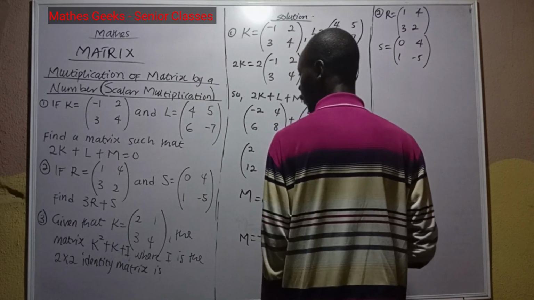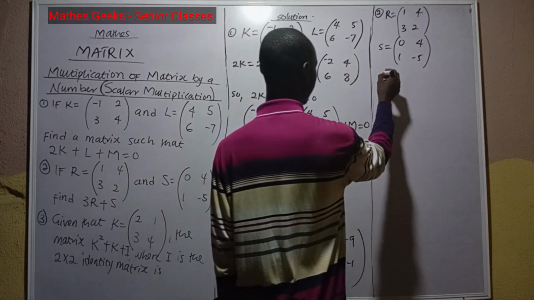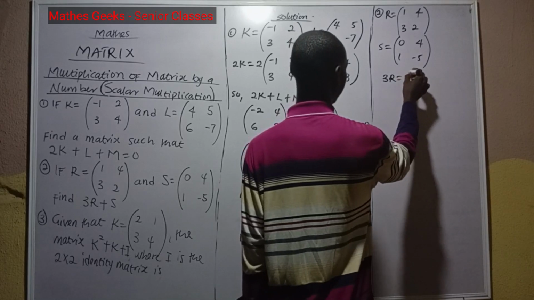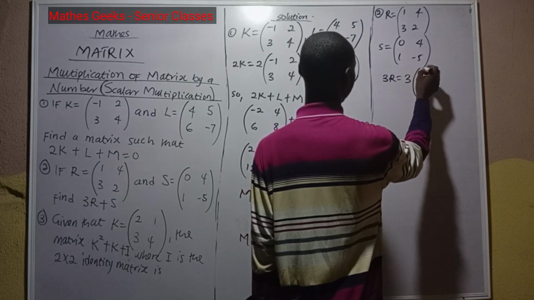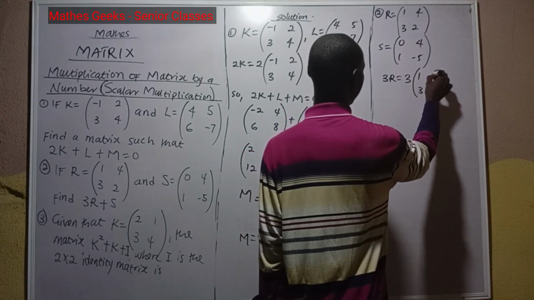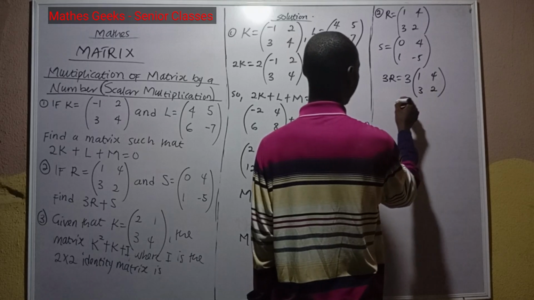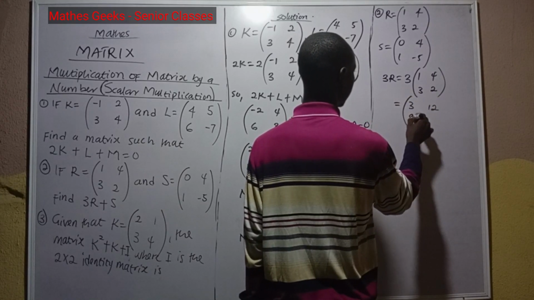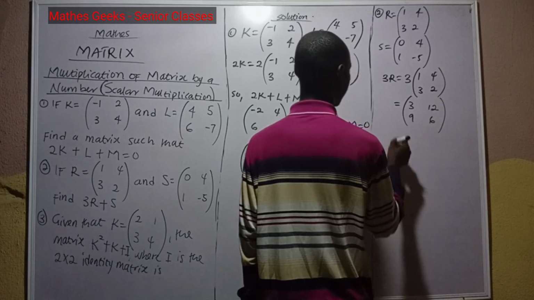So we need to find 3R plus S. So 3R is equal to 3 times matrix R, which is 3, 6, 12, 6.